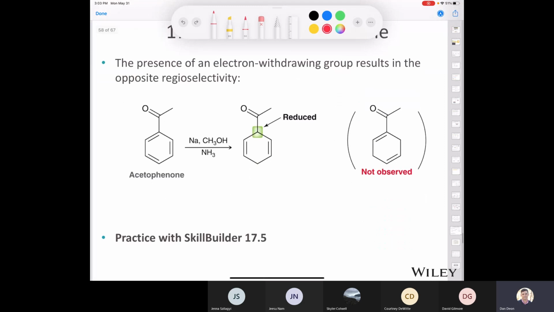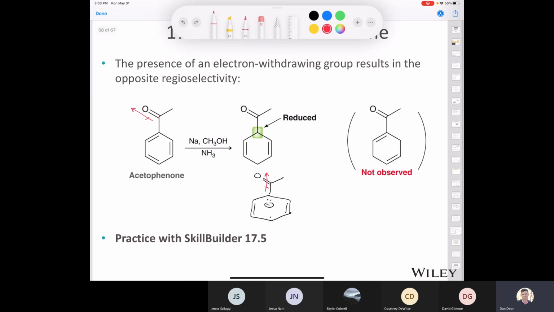However, if you have an electron withdrawing group, then it's the opposite that occurs, right? The radical anion that would be formed in this case, the intermediate, would look like this. You put your anion here, your radical here, but now you've got an electron withdrawing group. Since this is sucking electron density away, a carbonyl is electron withdrawing, it's going to stabilize that radical anion.